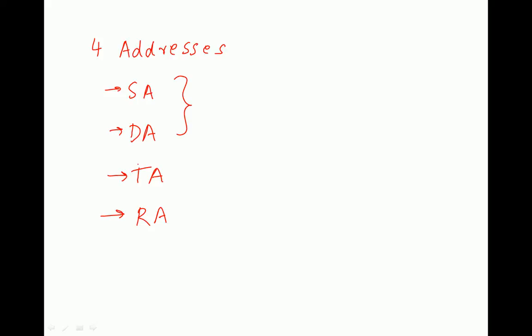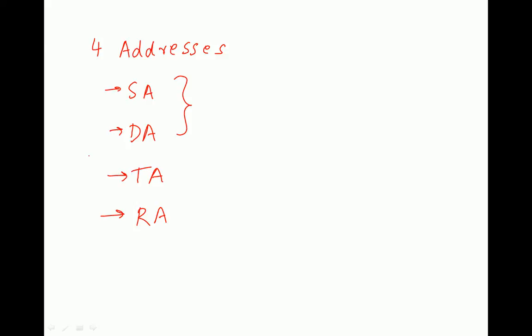If you want to send a frame over to your friend's laptop, say laptop B, the source address of that frame would be your laptop's MAC address, and the destination address of that frame would be your friend's laptop's MAC address. These are the two simple addresses out of the four addresses, which are pretty clear to understand right from the get-go.